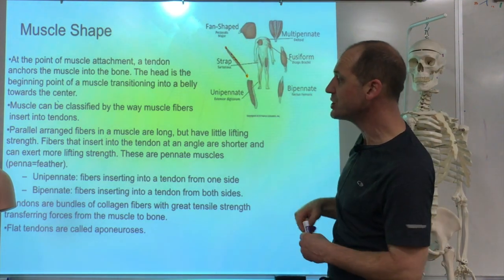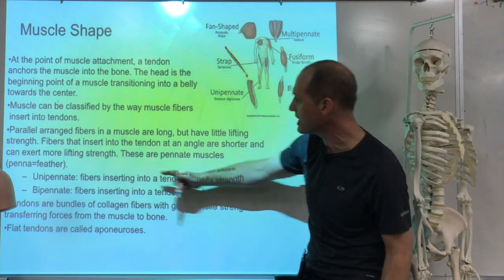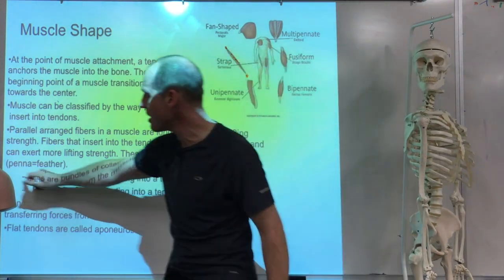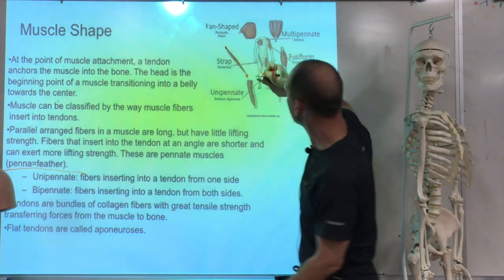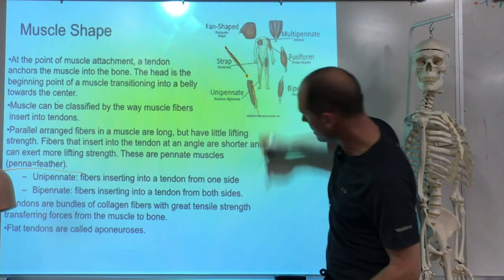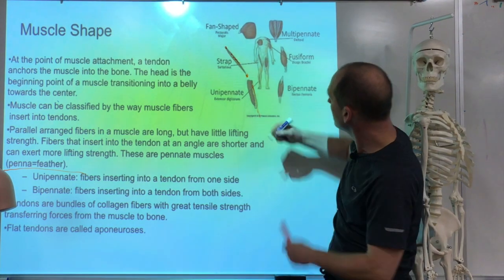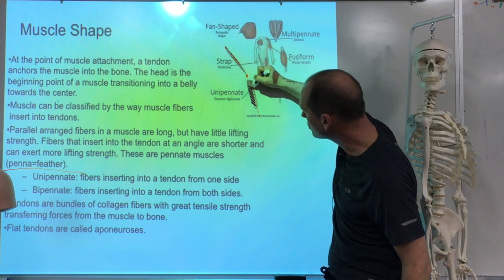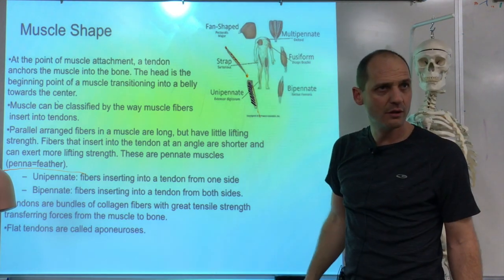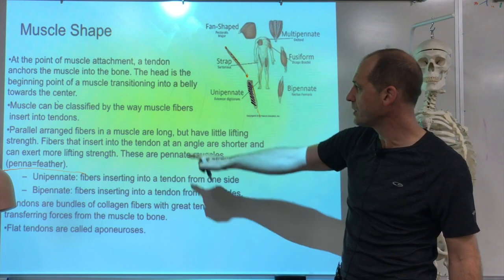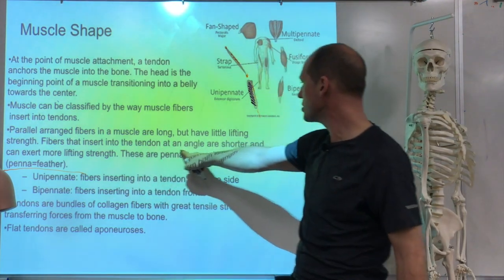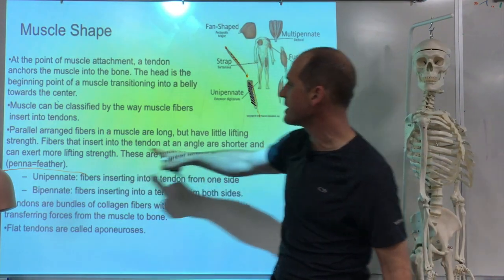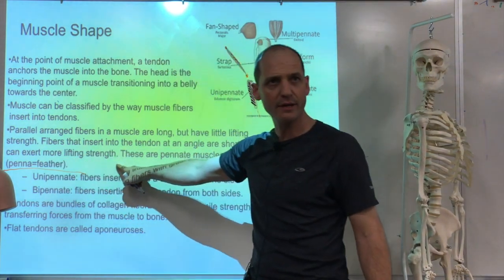Then though we have an interesting arrangement of muscle. We have this thing called the pennate muscle. And penna means feather. So it's a feather muscle. So we have a tendon here, and then you got the muscle that goes in an angle into that tendon. It's like short little muscle fibers. So they're inserted at an angle, are shorter, and then they can exert more force that way.